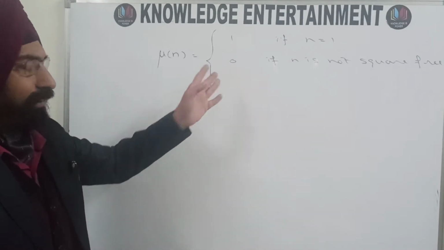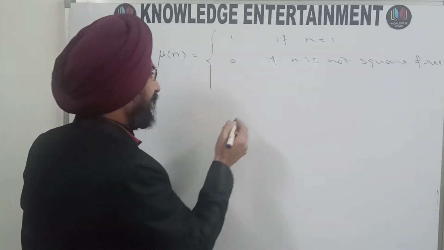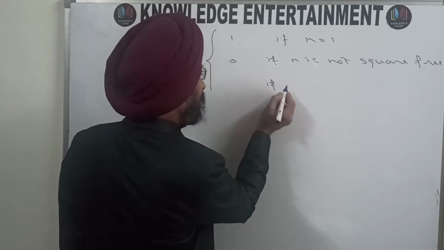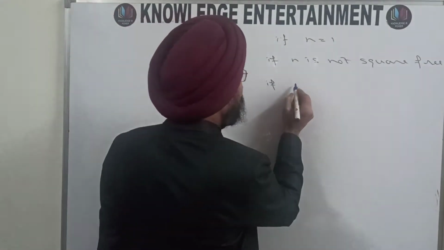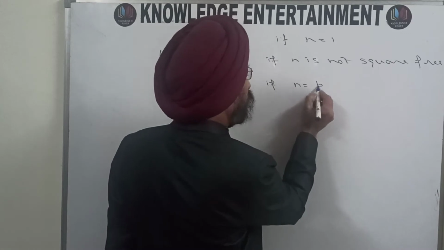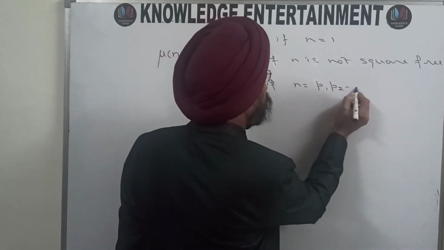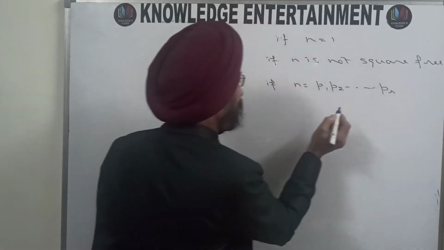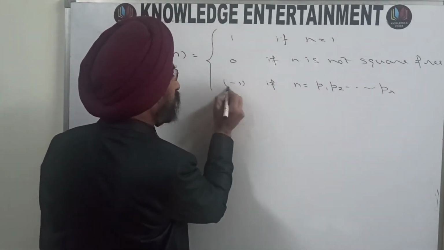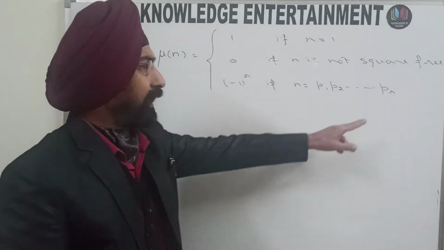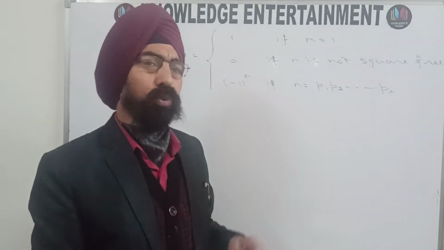In that case, the value of mu n is 0. And the third case, if n is square free, then n can be written as a product of primes p1, p2 and so on, pr, and the value of mu n in this case will be minus 1 raised to the power r. r is the number of primes whose product is equal to n.